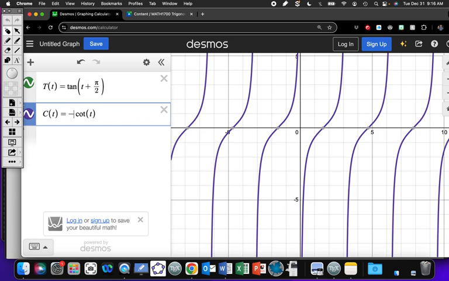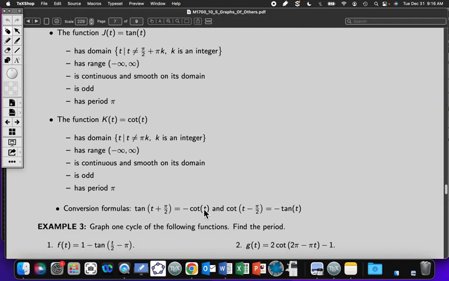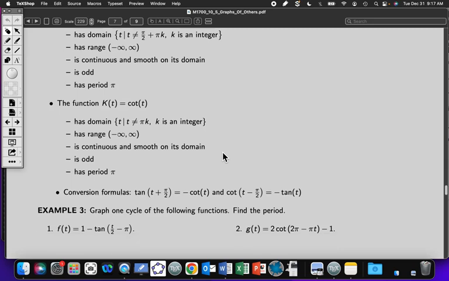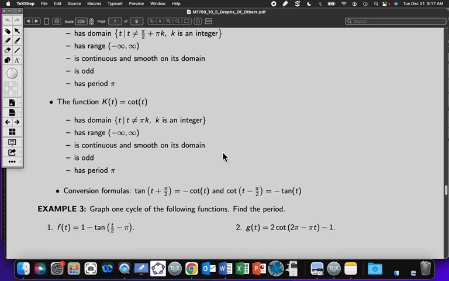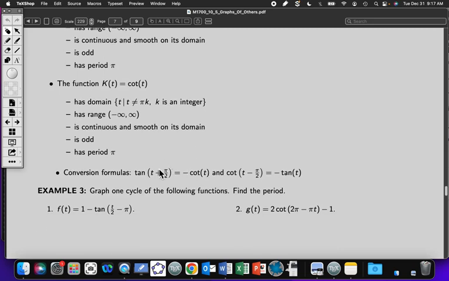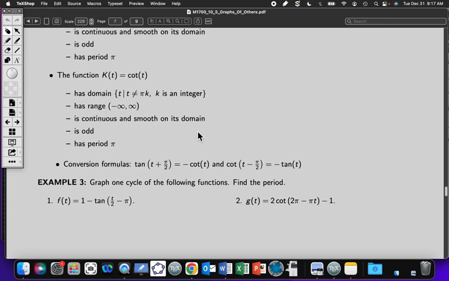Okay, so you can convert between tangents and cotangents, but along with the horizontal shift, there's also a reflection across the x-axis, and that's because we're flipping the fraction sine and cosine. So we do have conversion formulas. You can verify these from the conversion formulas for sine and cosine.